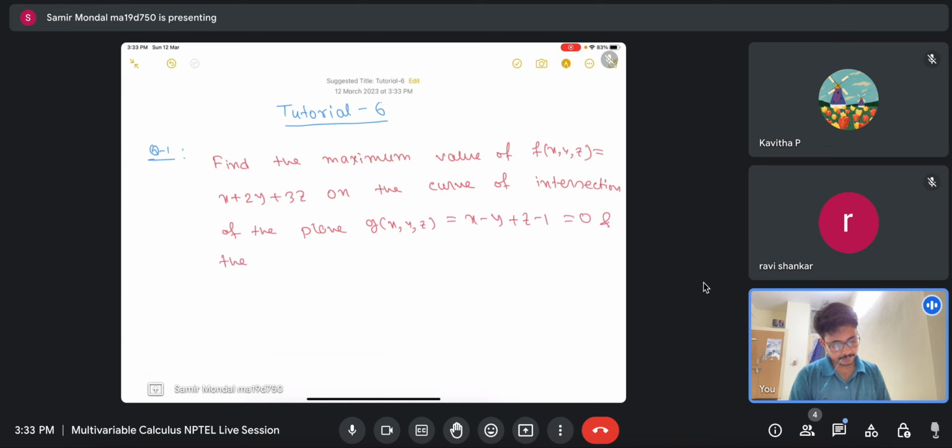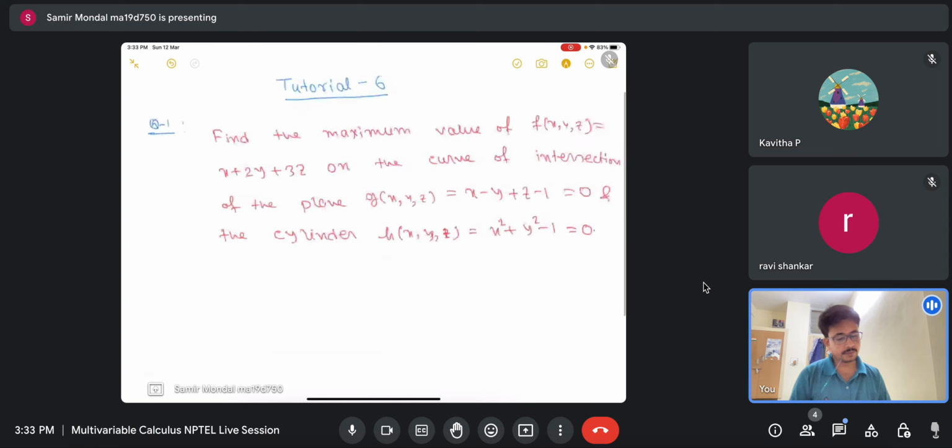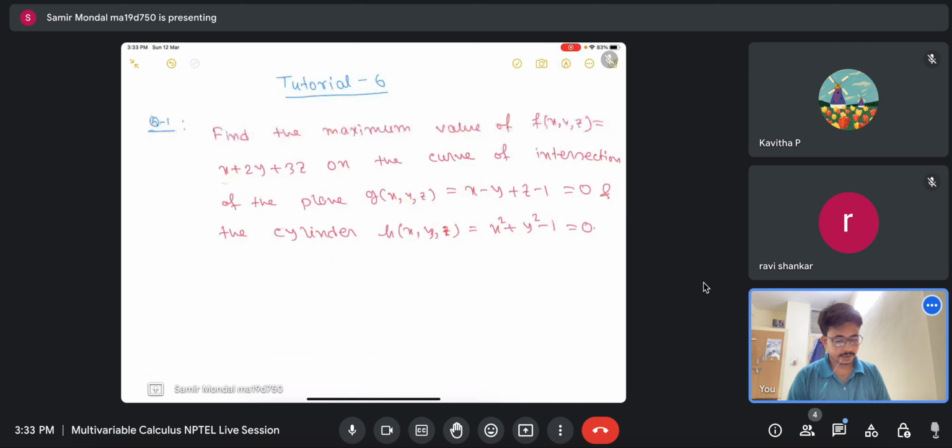and the cylinder x² + y² - 1 = 0. So you have to find the maximum value of this function. What is your condition?